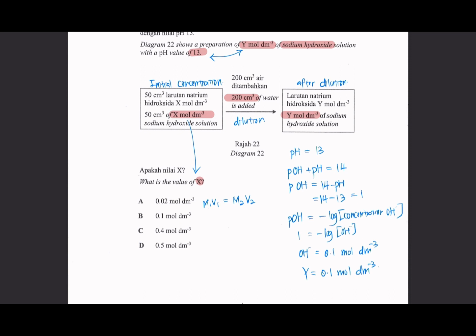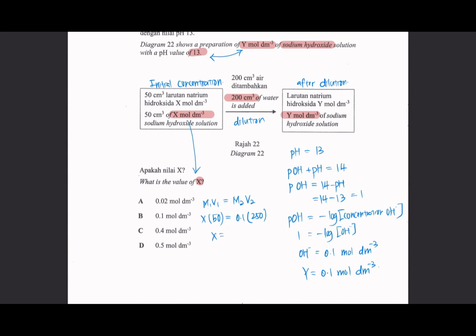So we just substitute the values in. Before dilution, the molarity X and the volume; after dilution, the molarity and the volume. After dilution, the total volume is 50 plus another 200, so the total is 250.